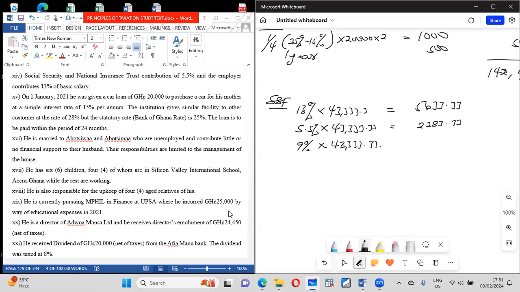Then the 9%, 0.09 by 43. That one is like 3,900.